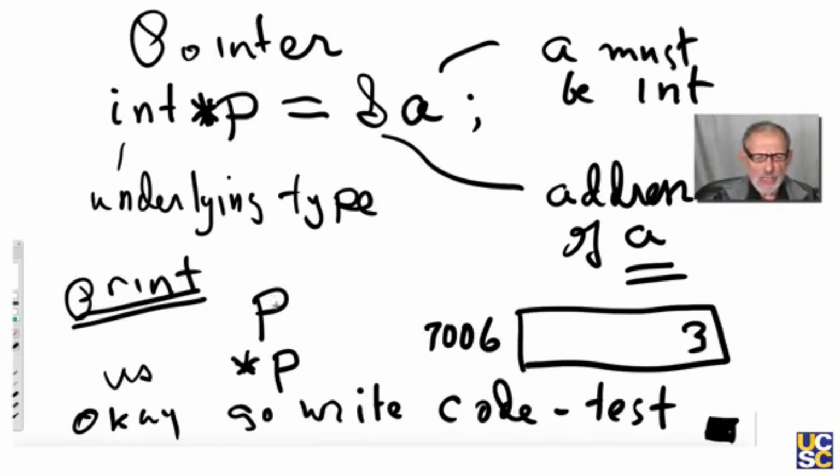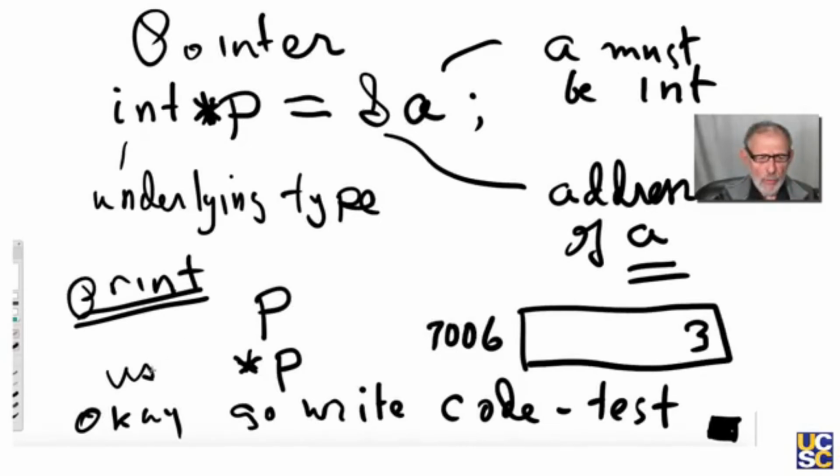If we tried to print the value of P, we would get some address. Star is a dereferencing. If we were to dereference P, the value there would be the integer value 3.